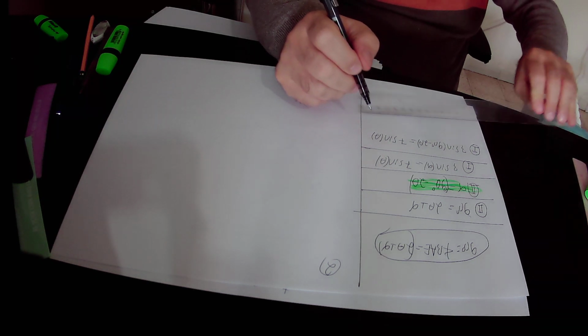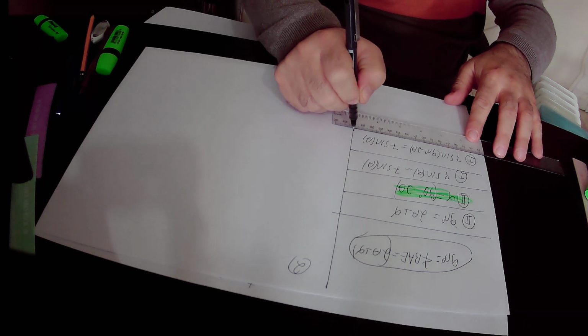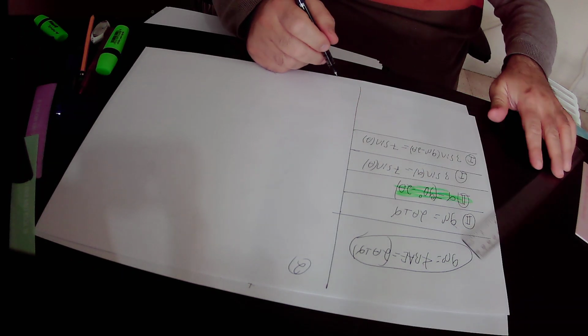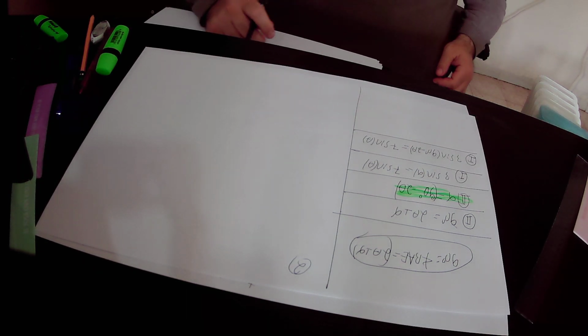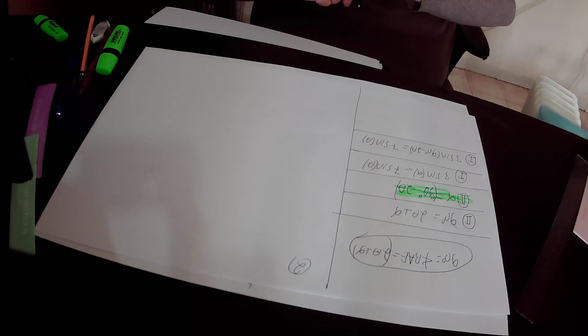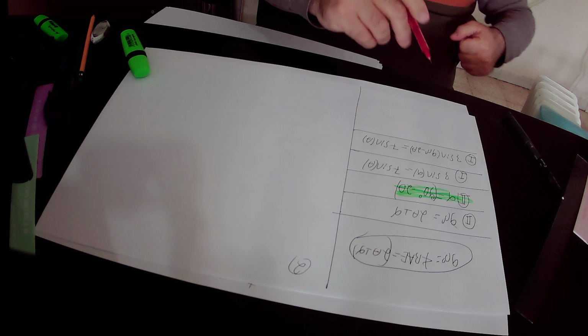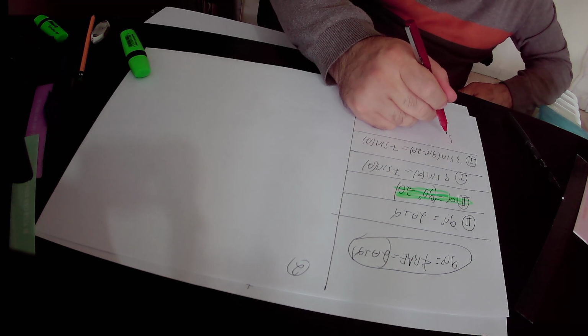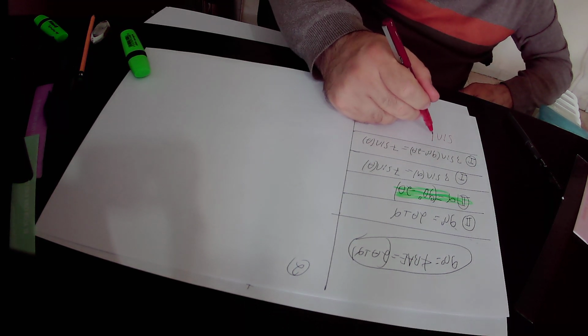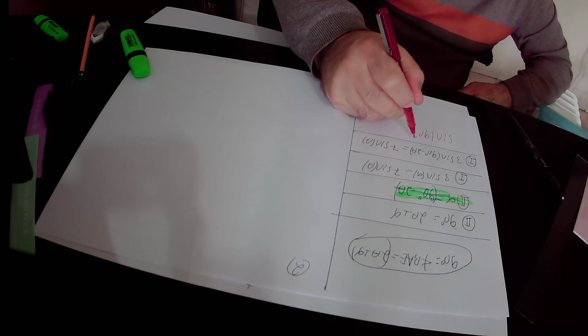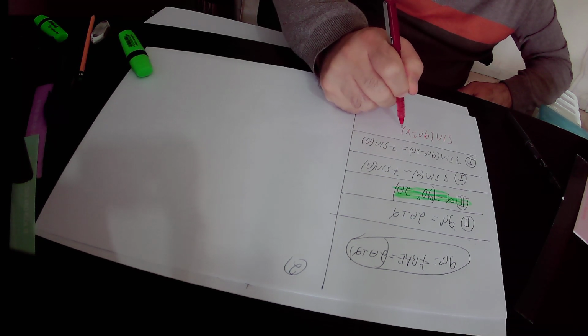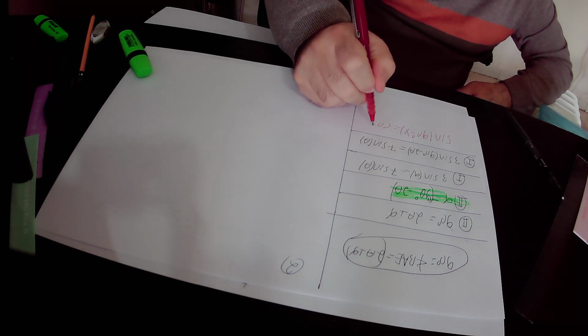Okay? We have the trigonometric identity that states that the value of sine 90 degrees minus x is equal to cosine x.